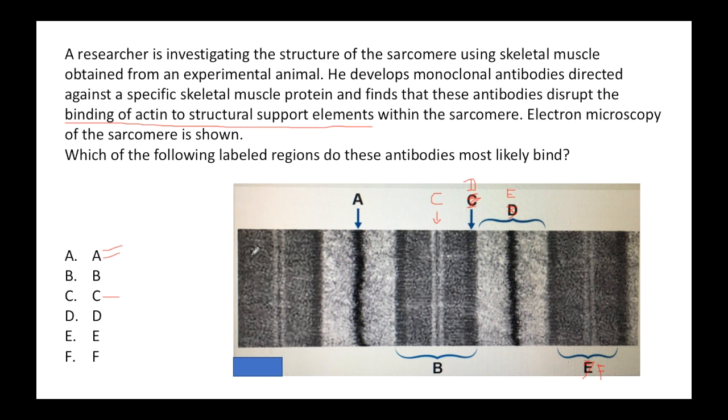But isn't D thin filaments? No, D is where they overlap. A is the Z line, or not the Z. C is the Z line. A is where actin anchors. C is where myosin anchors, and then D is where they overlap. So, disrupt the binding of actin to the structural support. Whatever, I'm sticking with A.